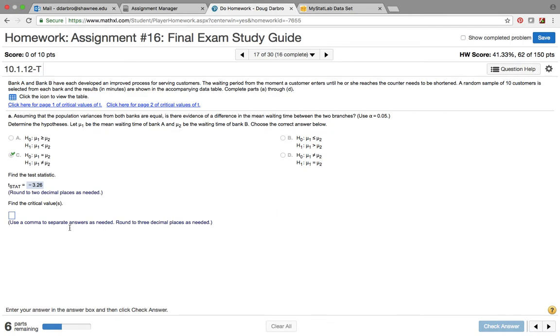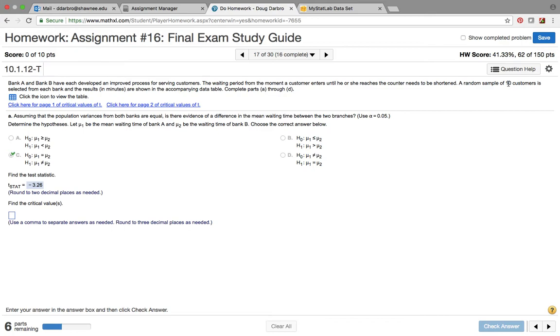Find the critical value. Okay, this is interesting. We have 10 from each, so our degrees of freedom will be N1 plus N2 minus 1. So we're going to have 10 plus 10 equals 20, minus 1. So guys, our degrees of freedom are 19.